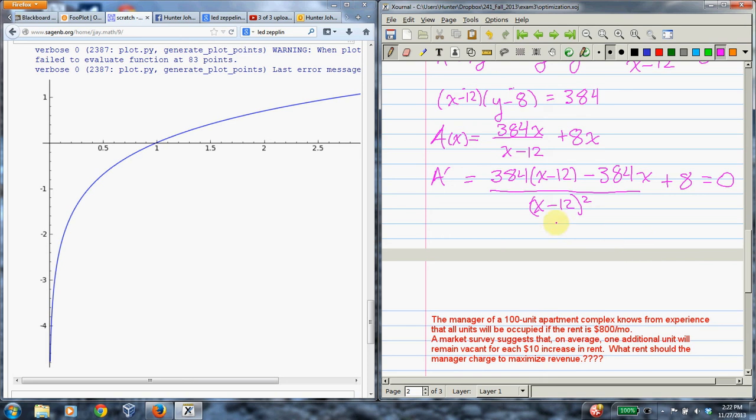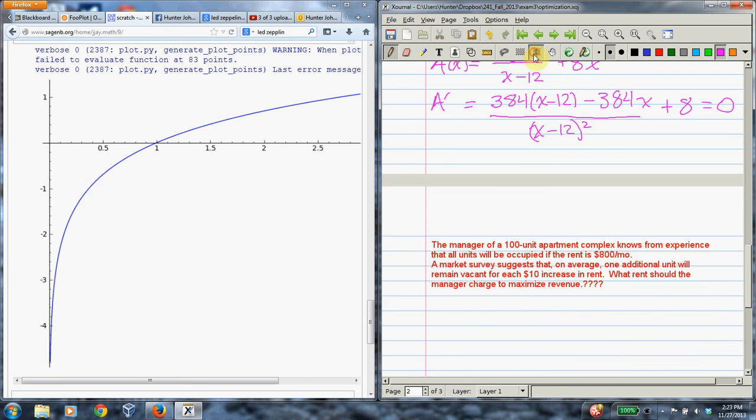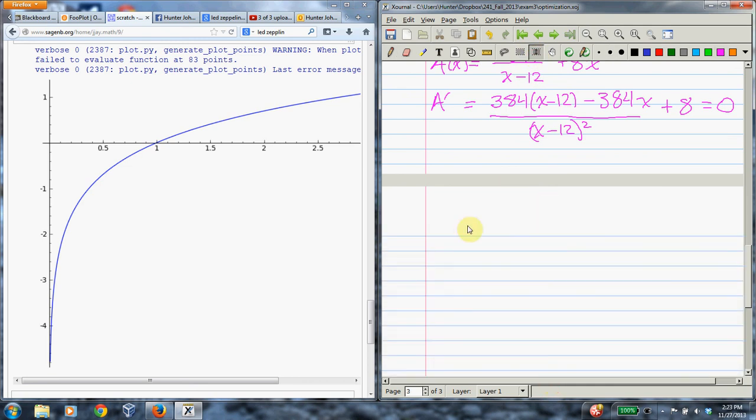All right, so I need to put these things over a common denominator. I'm just going to push my little problem down here. So I'll put these two over a common denominator. So what's that going to look like? I'm also at the same time going to multiply this in so I can collect common terms. So that'll give me 384x minus, let's just leave this for the time being as 12 times 384, minus 384x.